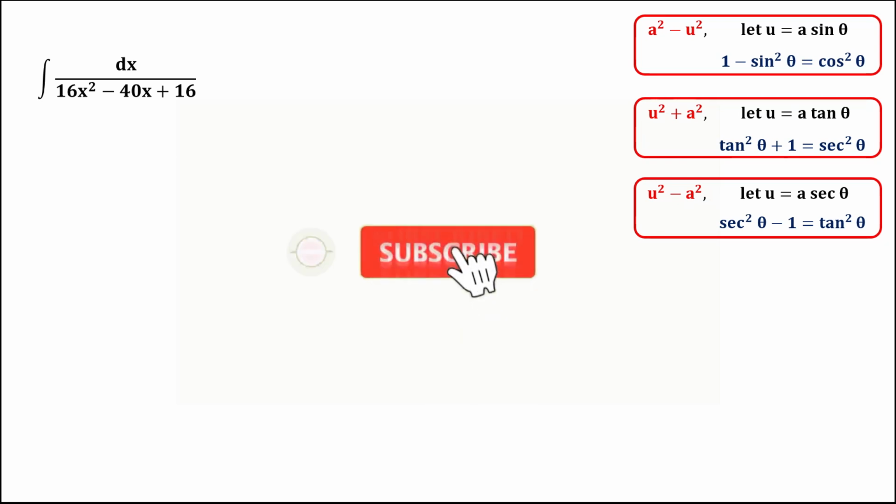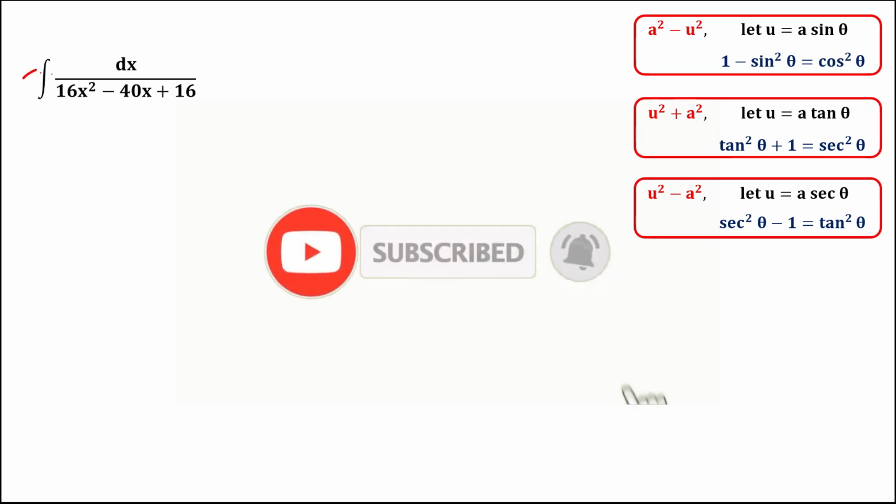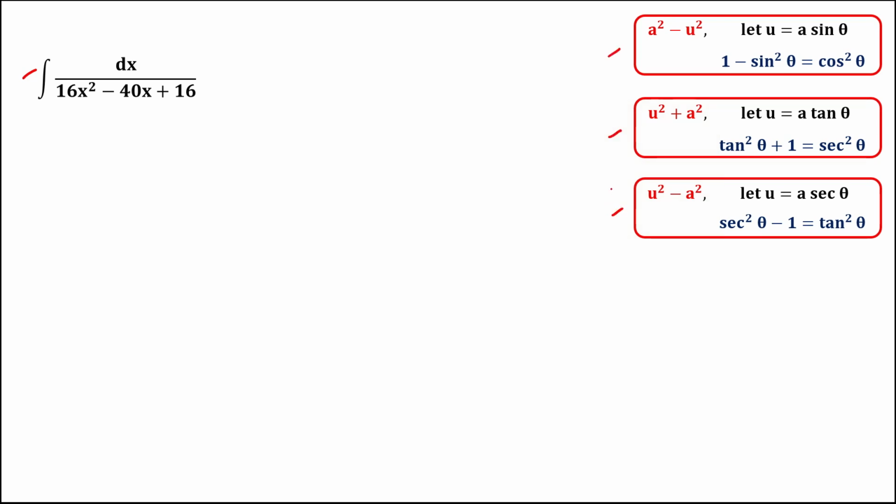So for this problem, to evaluate this integral using this trigonometric substitution, first in the denominator, we need to create a perfect square trinomial. So just focus on the first term and the second term.